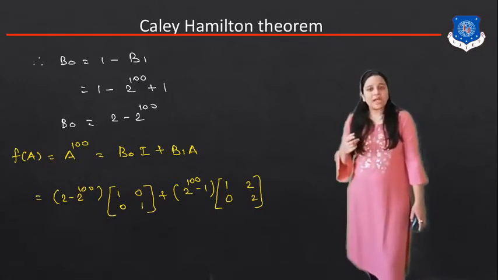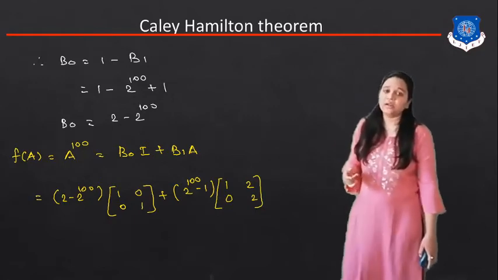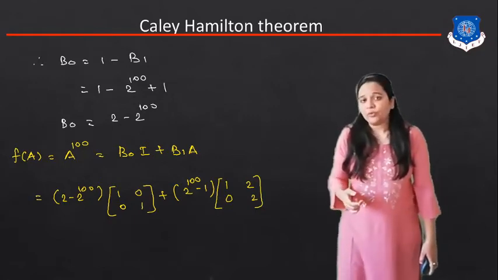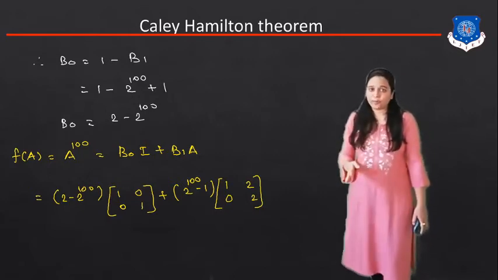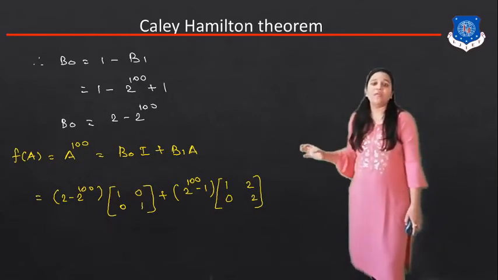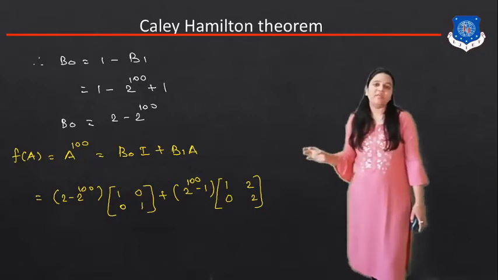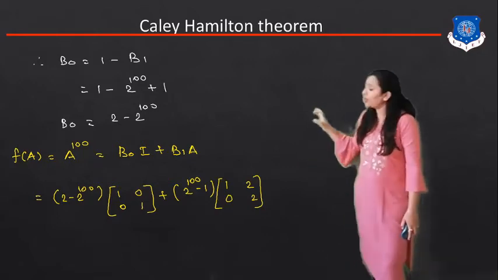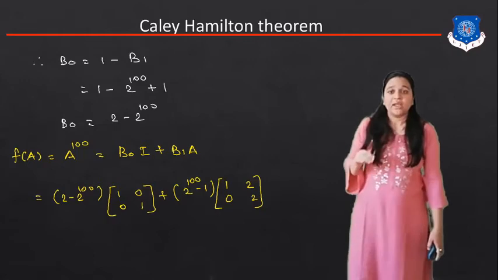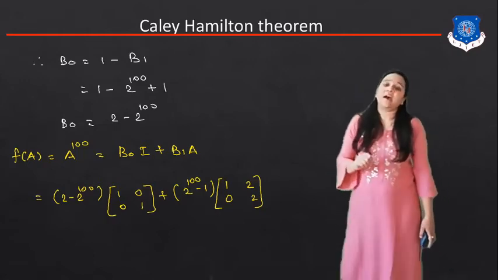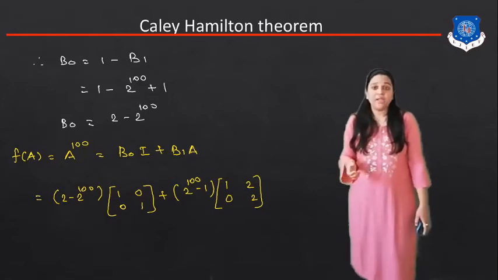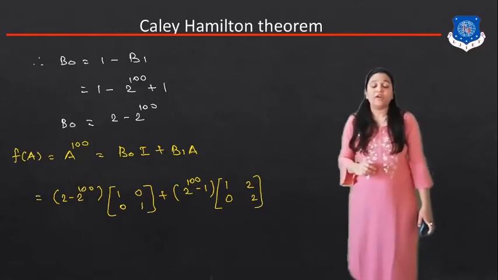Now this type of question they will ask in the GTU for 4 or 7 marks. If they ask for 4 marks, you just put the values of b0, I, b1 and A in this particular function of A equation, and then you can leave this example. But if they ask the same example for 7 marks, what is the example?